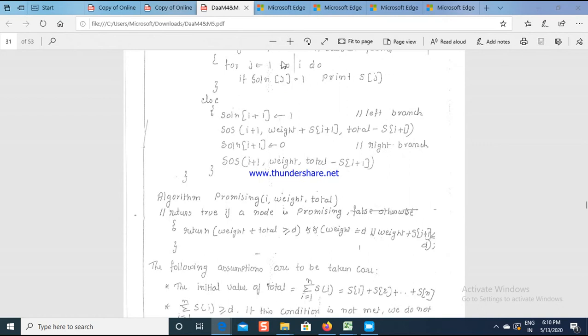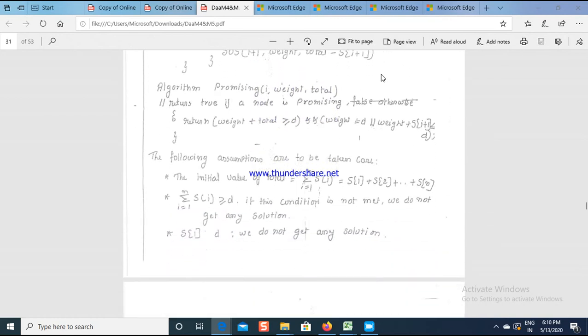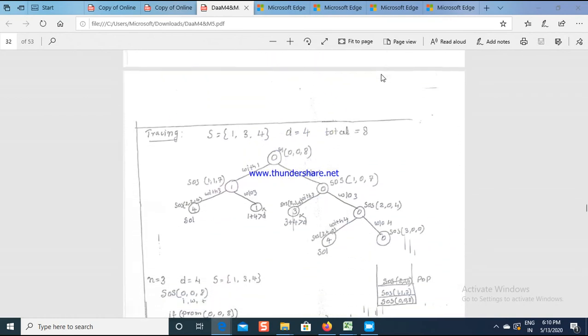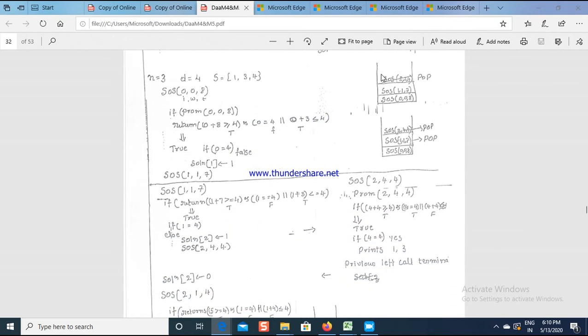Now J value becomes 2. Solution of 2 I have also made 1, therefore print 3. Whenever I call the left branch, we are making the solution 1. So both are 1, and print 1 and 3. So 1 and 3 will be printed.